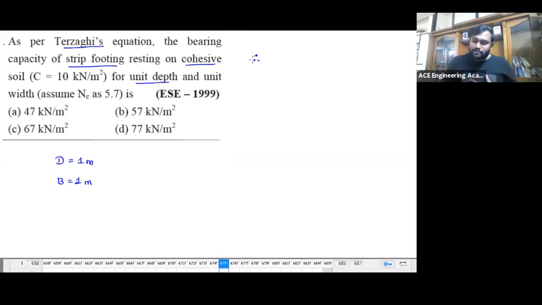Why? Because qu = cNc + gamma D Nq + 0.5 gamma B N gamma, that's for the strip. As it is clay, N gamma is going to be 0. And qu = cNc plus, this is 1 and depth also given as 1.